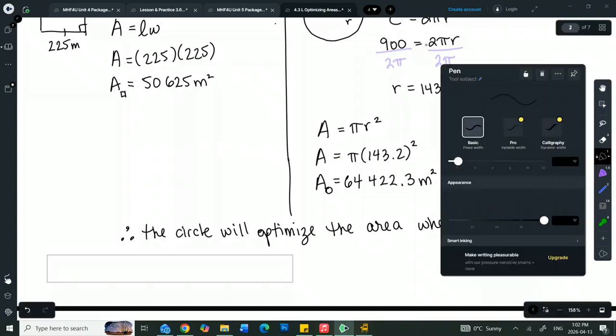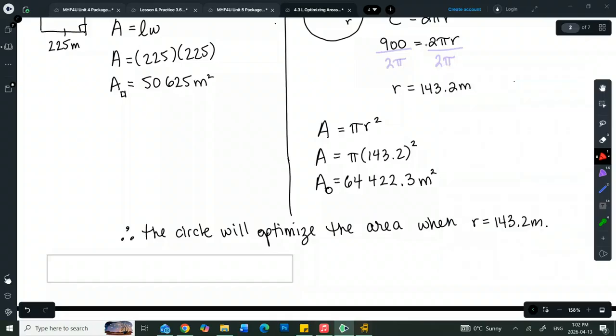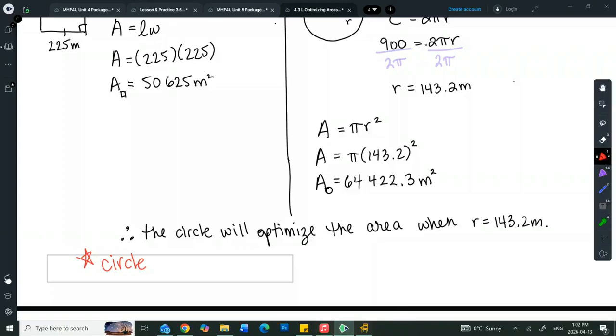Just as a note, we're going to write down circles. If you don't have to have a rectangle for your particular shape, circles are always going to be the optimal shape to give you the maximum area possible with the smallest amount of perimeter used. So circles are always the best option.